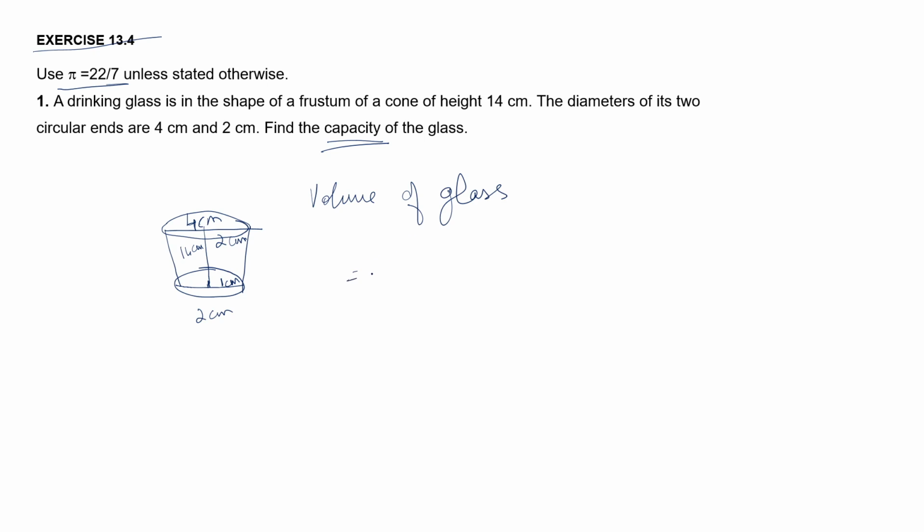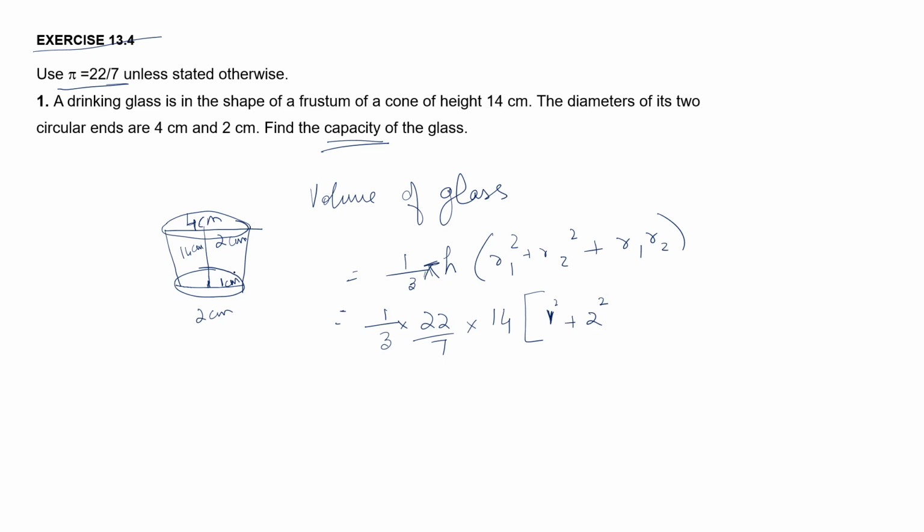The volume of frustum formula is 1 by 3 pi h into r1 squared plus r2 squared plus r1 into r2. So 1 by 3 pi, substitute 22 by 7, and h is given as 14. r1 squared is 1 squared and r2 squared is 2 squared, plus r1 into r2.